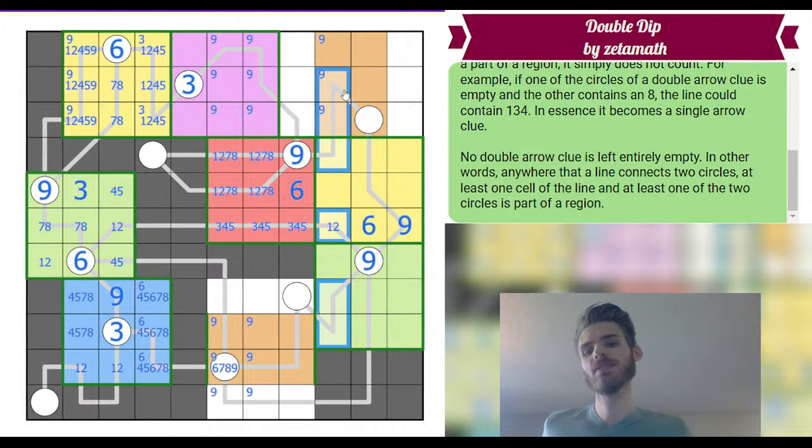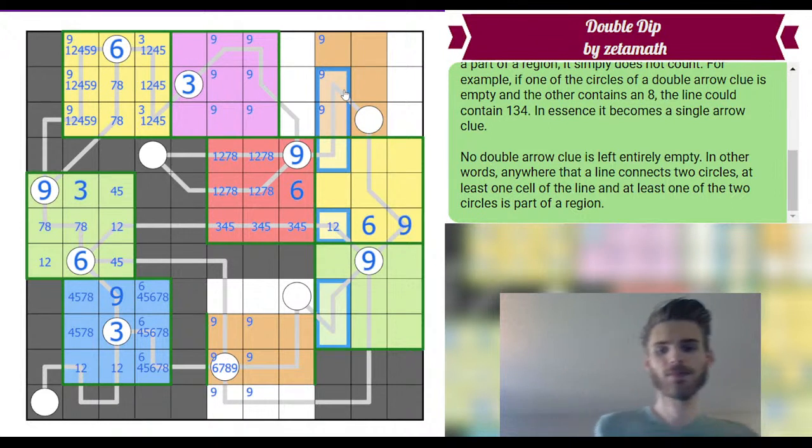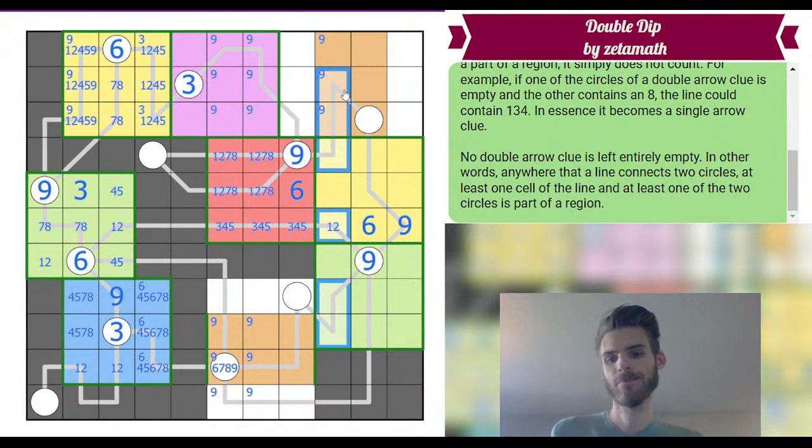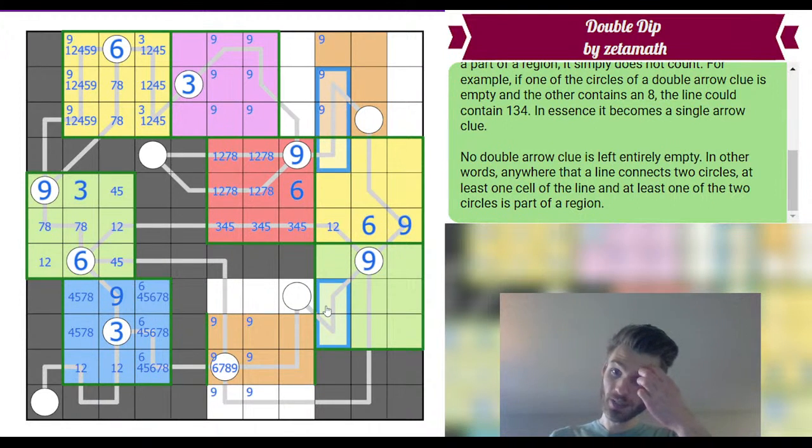I mean, these digits have a minimum sum of 21, so these digits sum to a minimum of the 21 minus 2, which is 19.